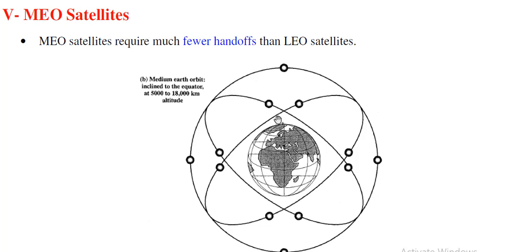The satellite will stay in the site of an Earth station for a while before it changes to another station, and the number of satellites in one orbit is lesser than that of the LEO, which is a good advantage.